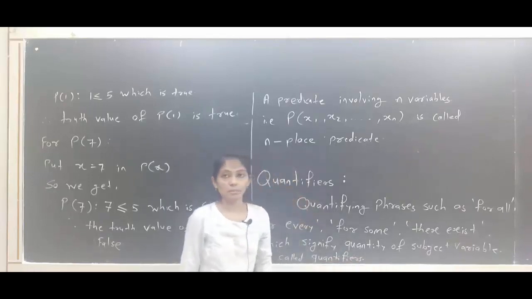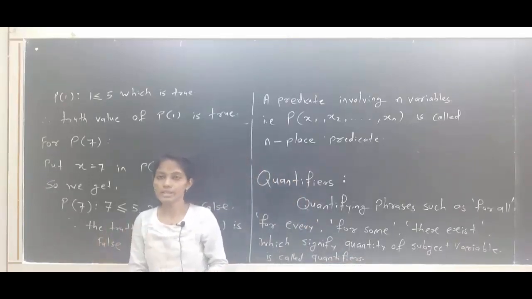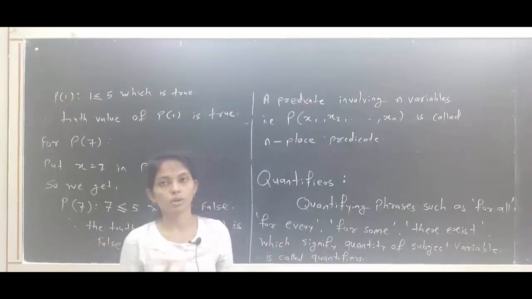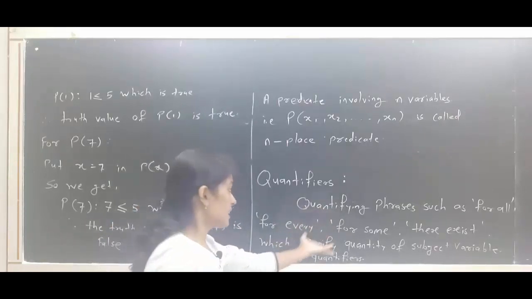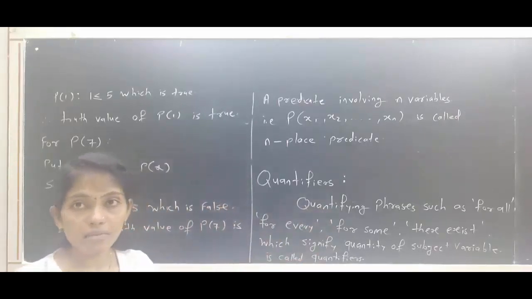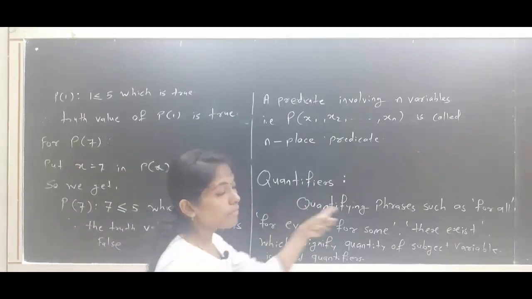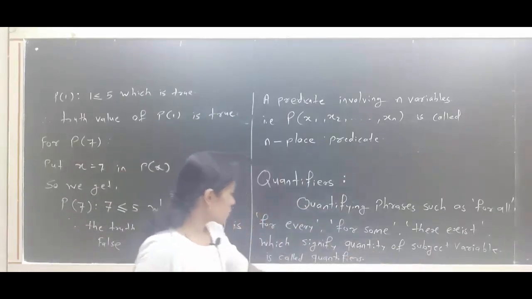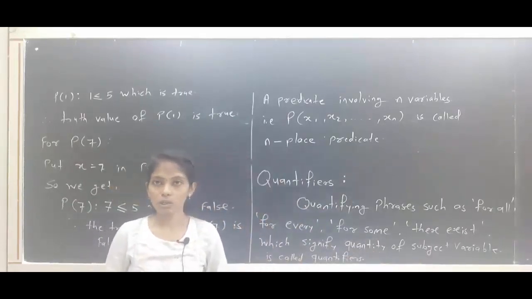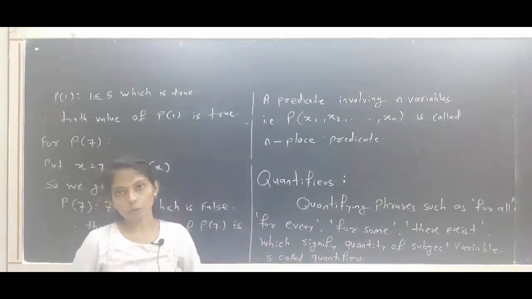So what is meant by quantifier? Quantifying phrases such as for all, for every, for some, there exist, which signify the quantity of the subject variable, are called quantifiers.